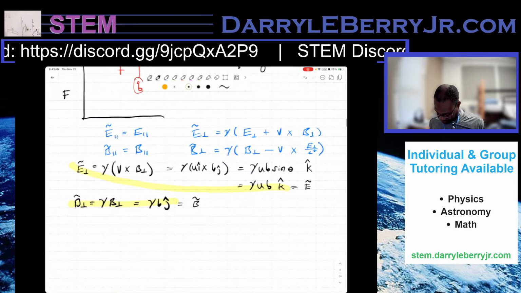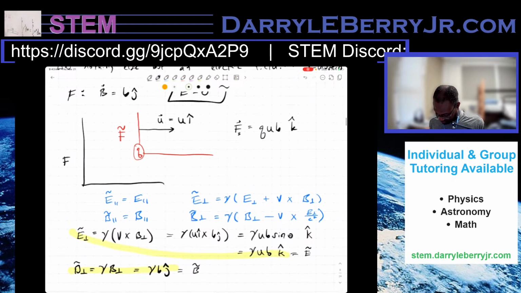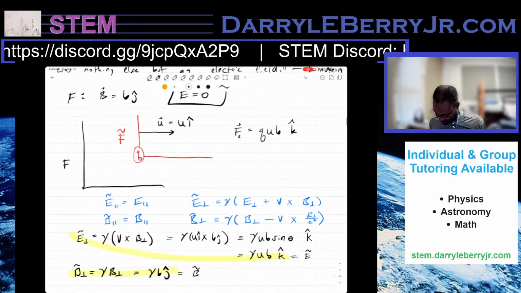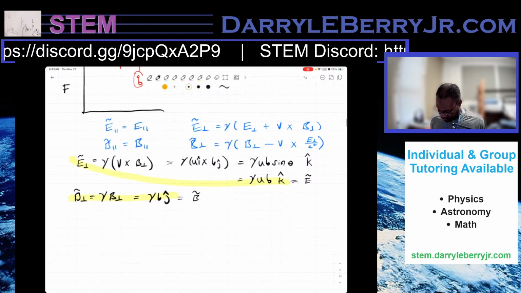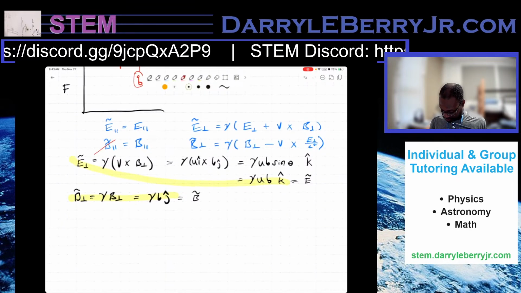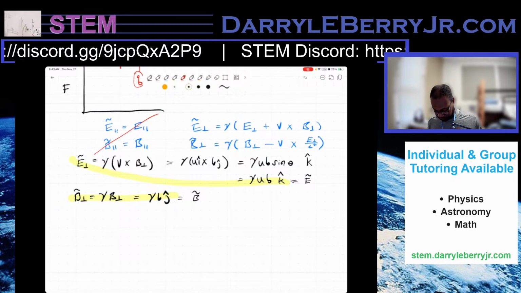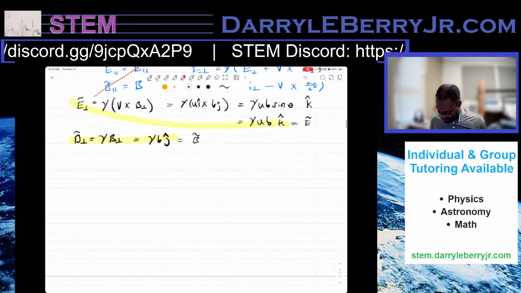E is 0, so there's no E parallel, and B is only perpendicular. There's no B parallel, so that works out. And so that's that.